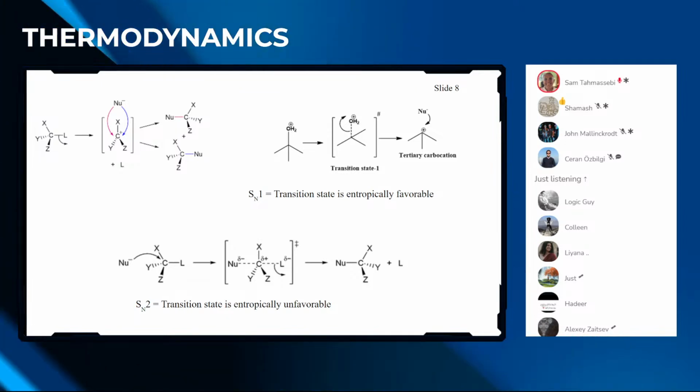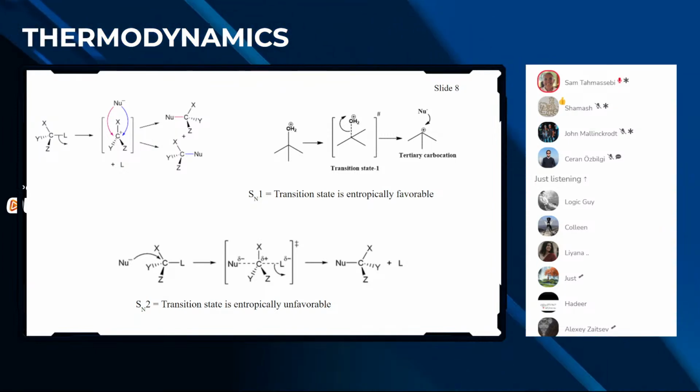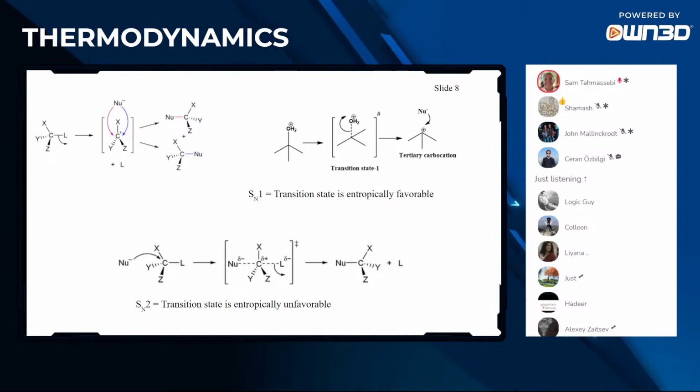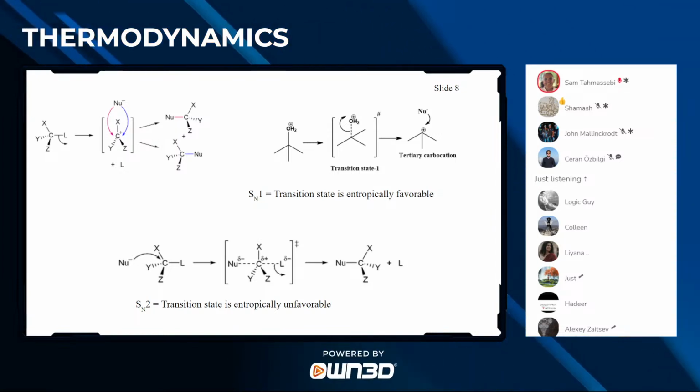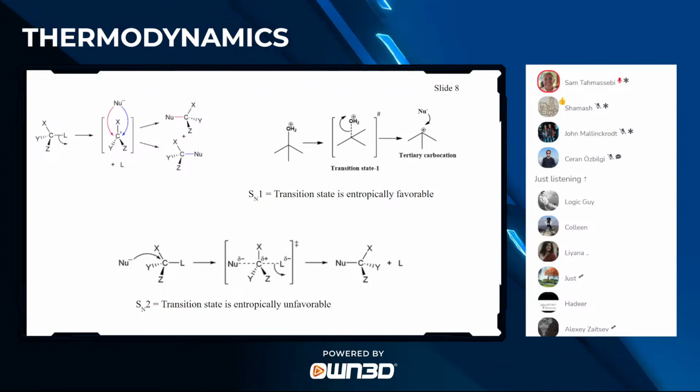Group theory basically tells you, based on the symmetry of the molecule, the degeneracy of the vibrational states, how many vibrational states are identical. But as I break the symmetry of the molecule, those vibrational states are no longer identical. They become unique. And so I now have a lot more vibrational states than I had before. That causes more randomness. Because it causes more randomness, I have an entropically favorable transition state.